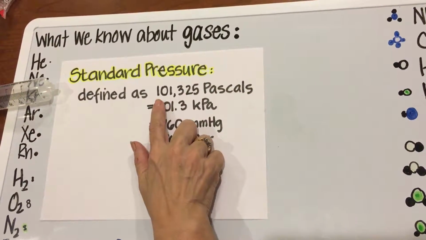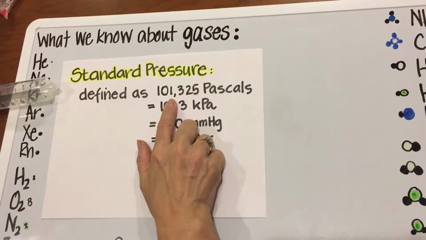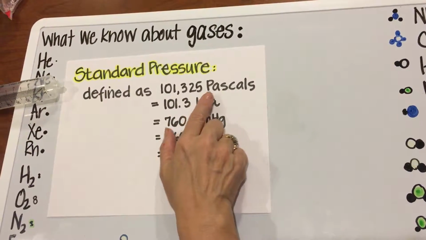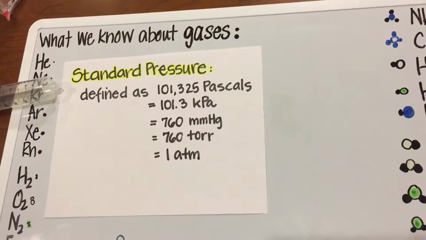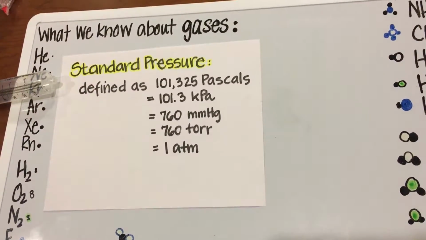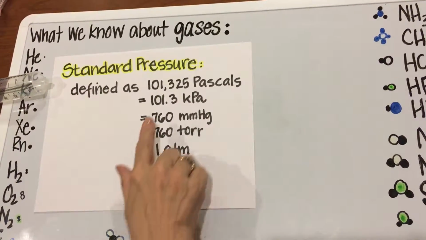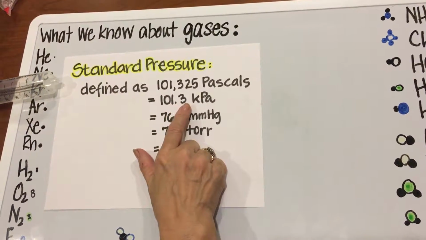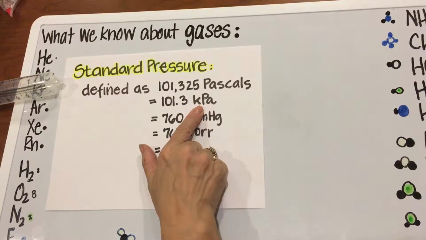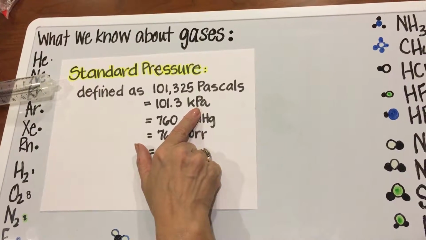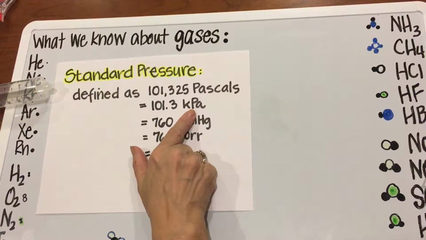So standard pressure is 101,325 pascals. That's a lot of pascals. That's a really big number to work with. So we typically work with 101.3 kilopascals. kPa will be found in a lot of different problems you'll work with.